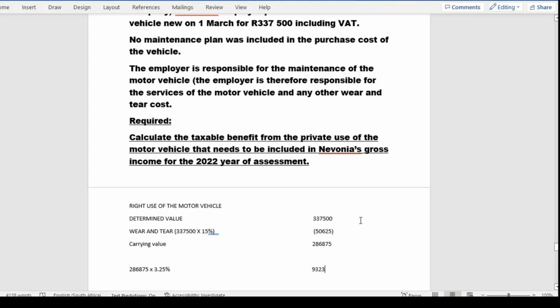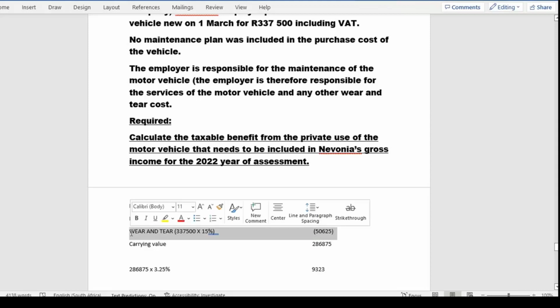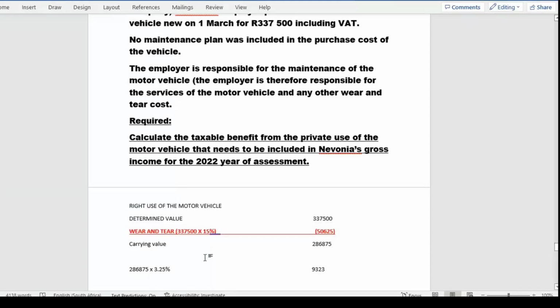My concern is that we're looking for the right use of the motor vehicle, and obviously your carrying value would be incorrect. I'm also concerned that you are confused about the inclusion of 3.25%.